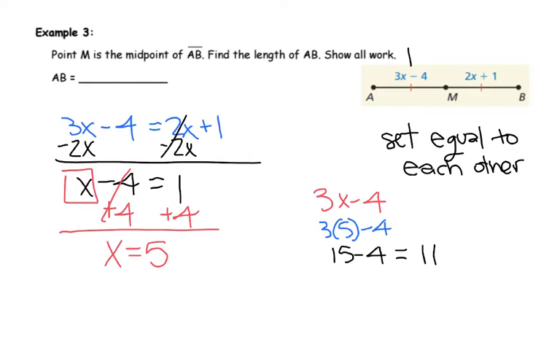So if A to M is 11, then therefore M to B has to also be 11. And if we add those together, 11 plus 11 gives us 22 units, since they didn't specify. Yay! And we're moving on.